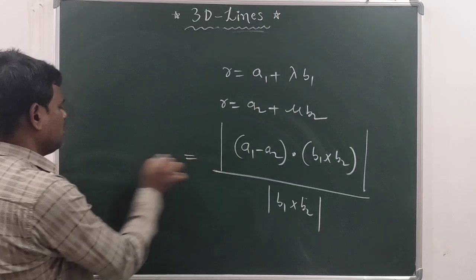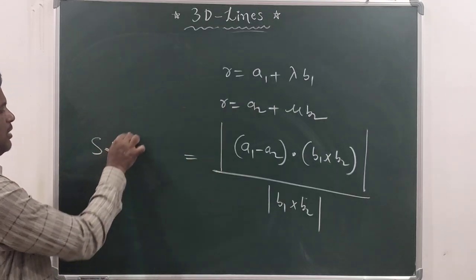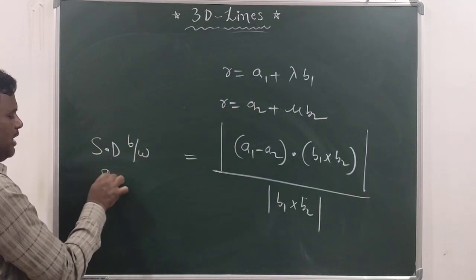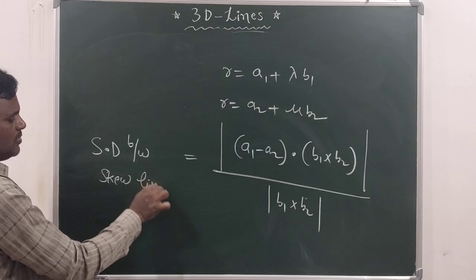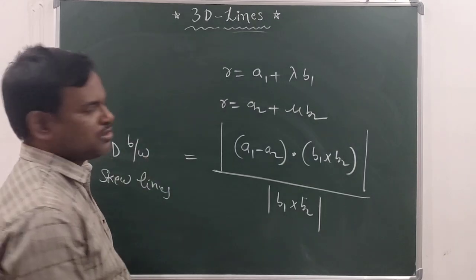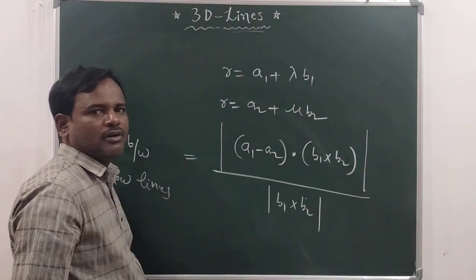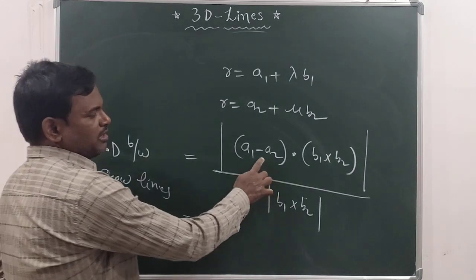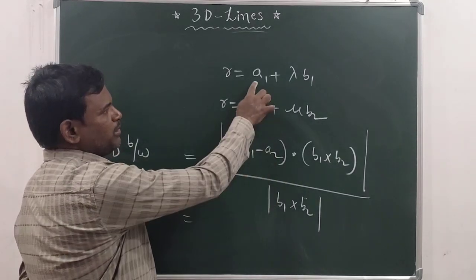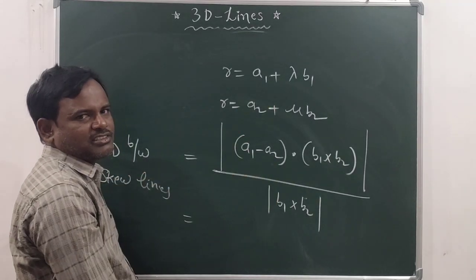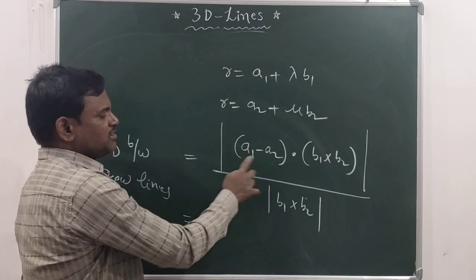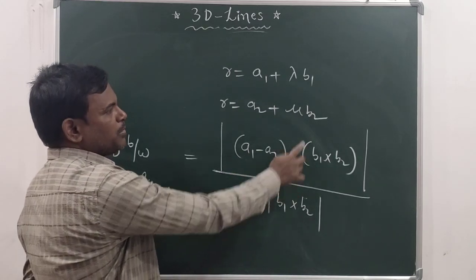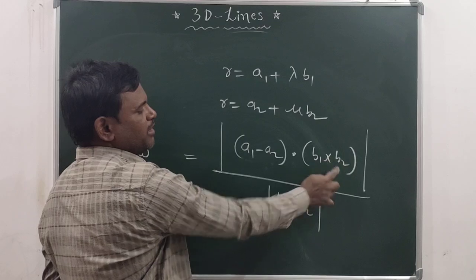This is the shortest distance between skew lines. So simply you can find this. A1 and A2 both are vectors. Take the difference of these two and find the dot product with the cross product of B1 and B2.